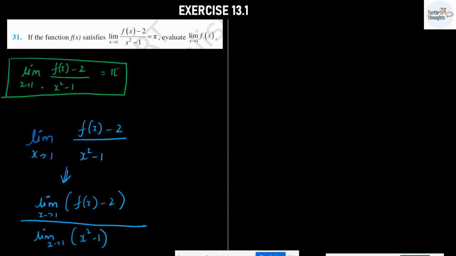The only thing which we have done is this limit x tends to 1 was common for both the numerator and the denominator. I'm just writing it separately.